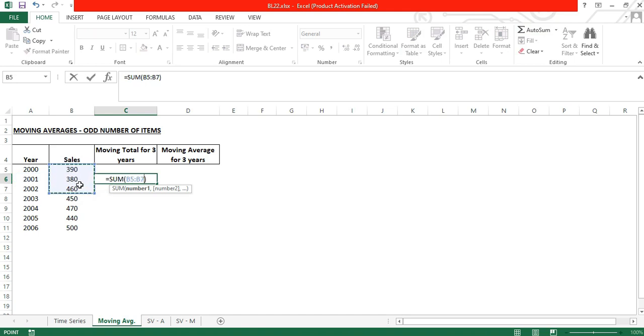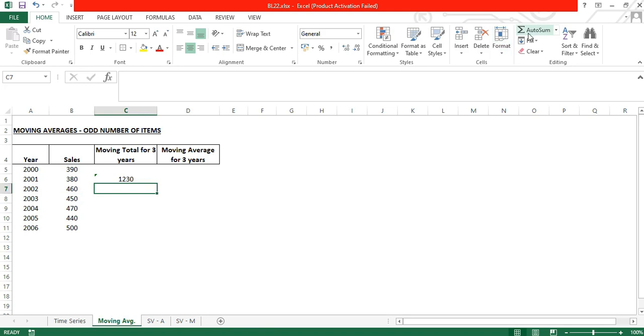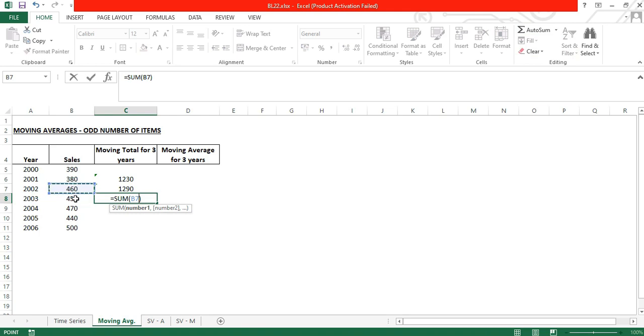Then the sum of these 3 starting from 2001 to 2003, because we need 3 years, must be written next to the middle value of the next 3 years. Right? This is how you do it.